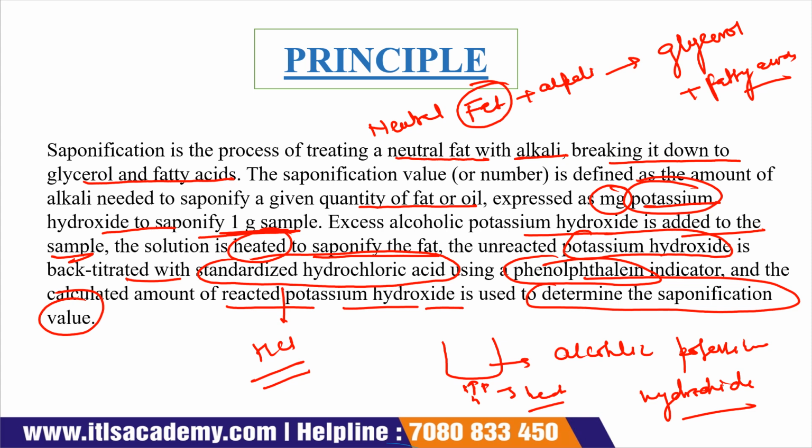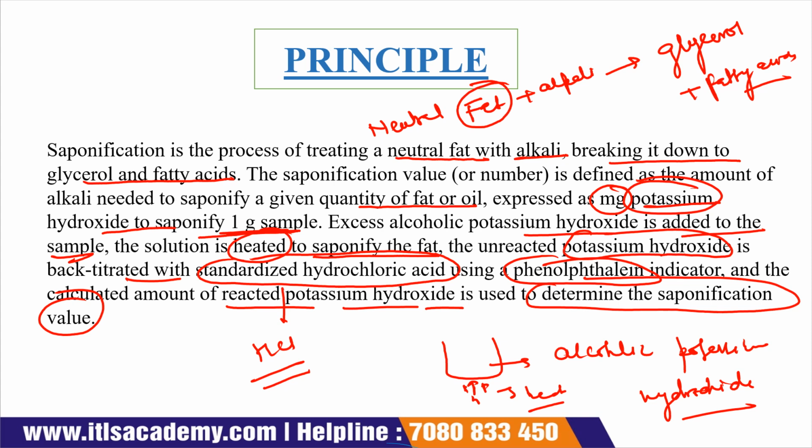And the potassium hydroxide that we use is alcoholic potassium hydroxide. We add it to a fat and then we heat it so that the fat will be saponified, and the unreacted potassium hydroxide is titrated with the standardized hydrochloric acid.